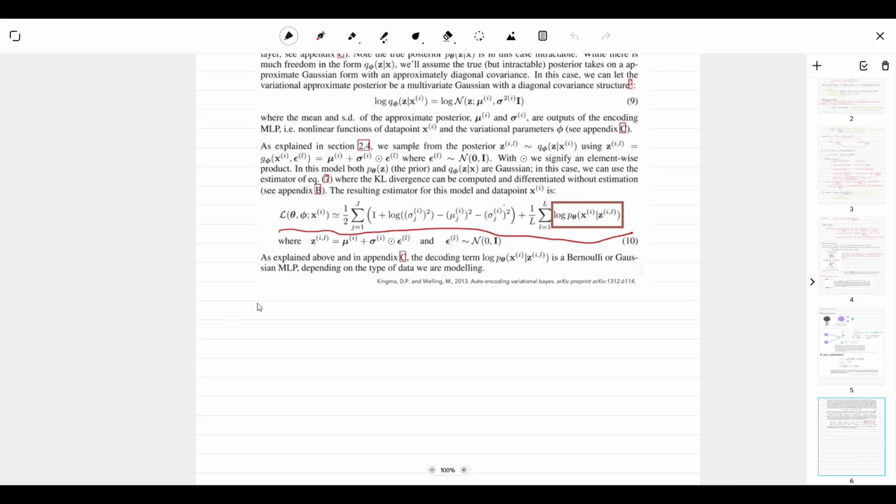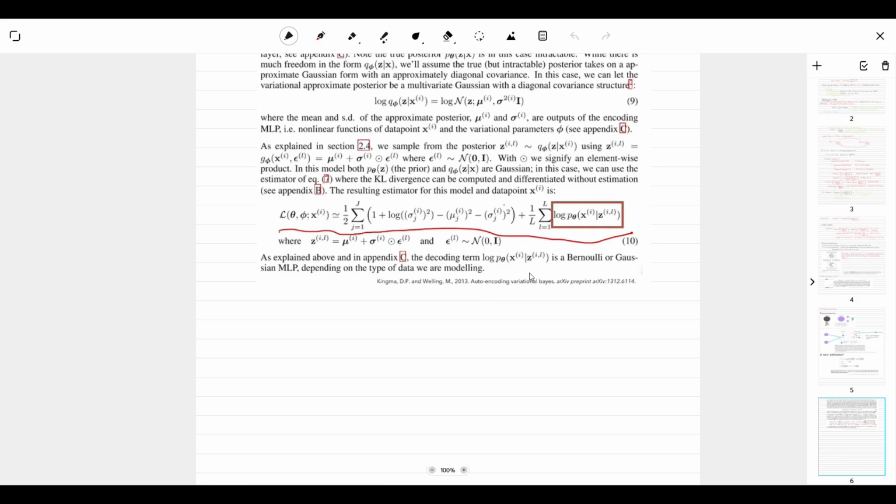So we take the negative of ELBO. So the VAE loss, this particular term here, for a single data point xi is approximately defined by this particular function here. Here we are minimizing this function, meaning we are maximizing the ELBO.